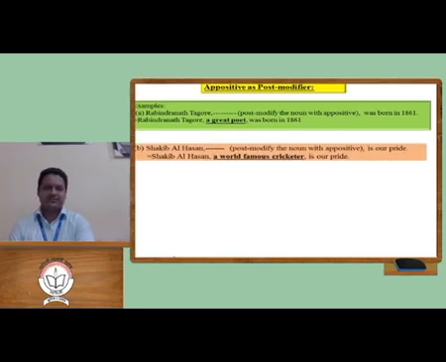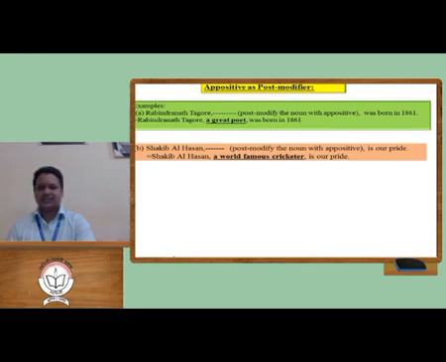Saqib al-Hasan, post modify the noun with appositive, is our pride. We have to use an appositive which will act as a post modifier into the gap.